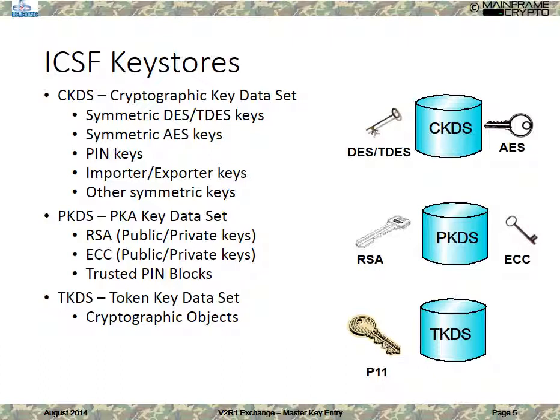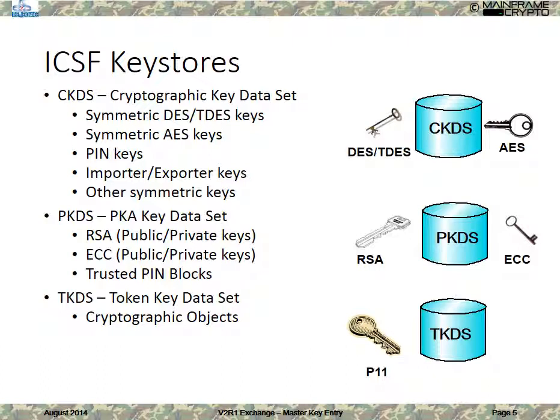Similarly, the PKDS, it's a PKA, or public key architecture data set. That's where we store public or public-private key pairs. Public keys are going to be stored in the clear. You're going to publish them anyway, so they don't need a whole lot of security around them. They just need to be available when you need them.